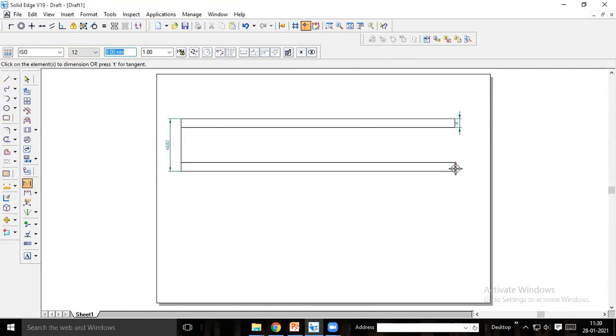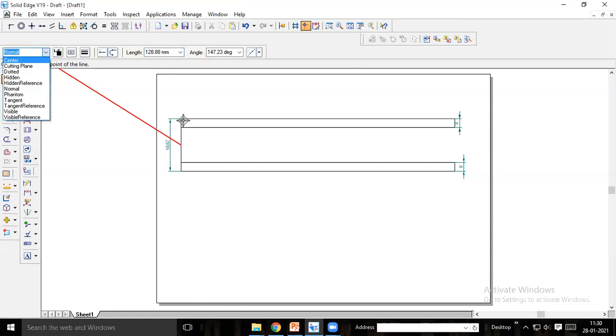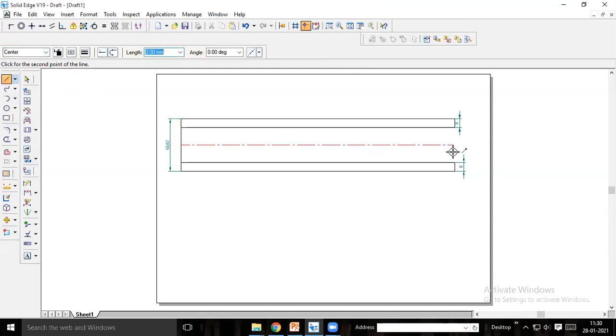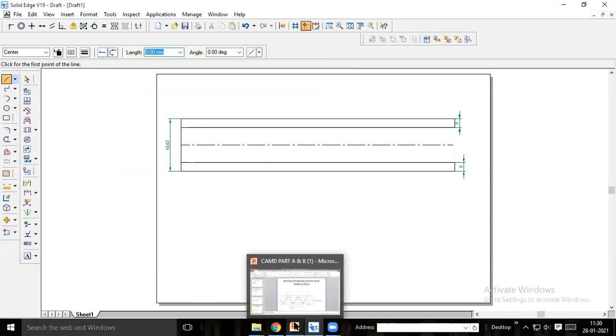Here also this will be h by 6. Then you can draw this line at the midline. You draw the center line here at the midpoint of this vertical line. Okay, so then what you have to do?